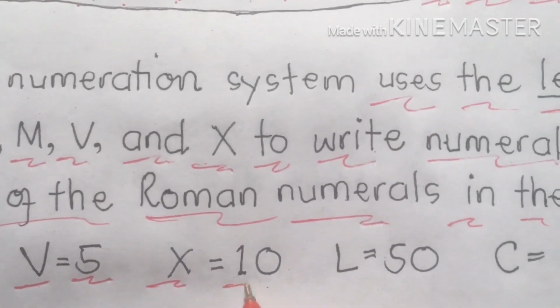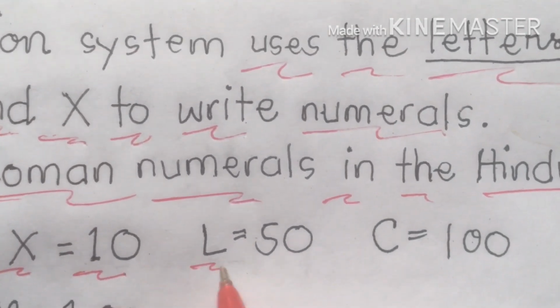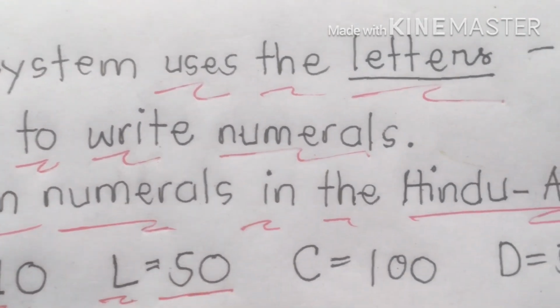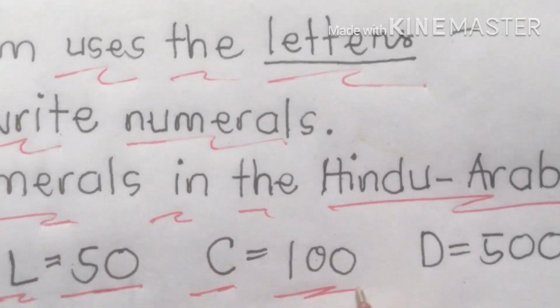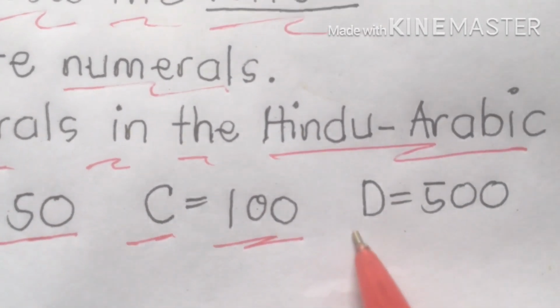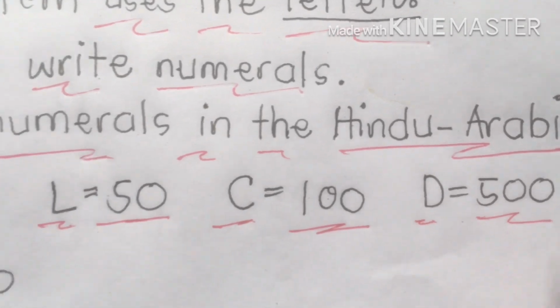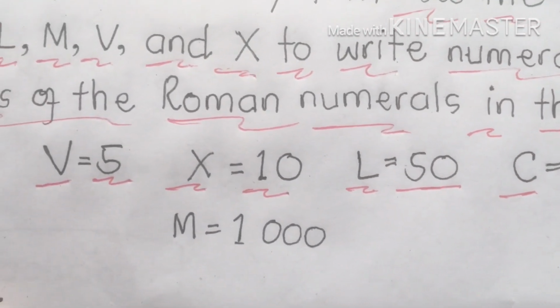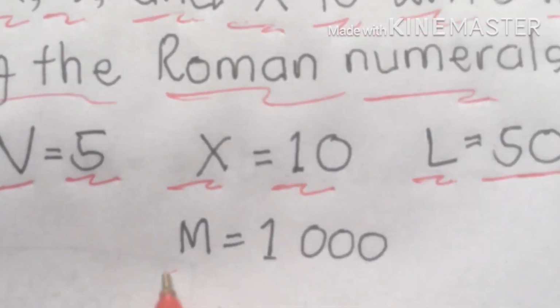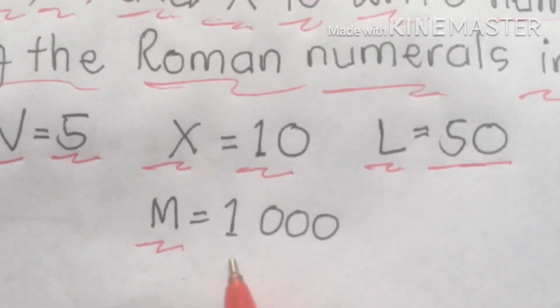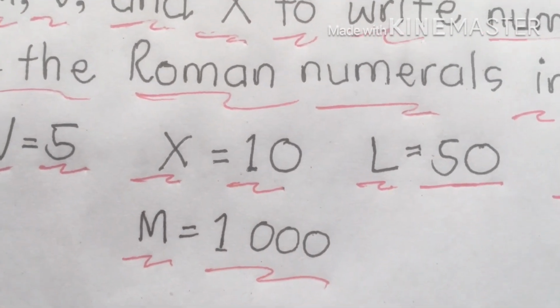X is 10, L is 50, C is 100, D is 500. These are the values of the Roman numerals. M, our last letter, the value is 1000.